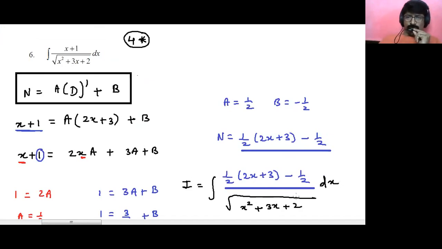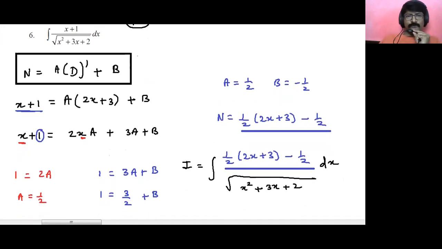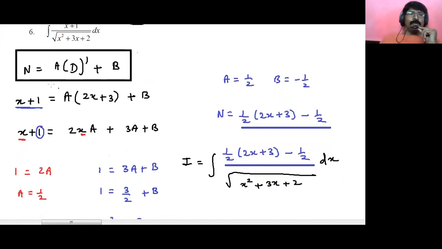Students, did you understand everything till here, from where I'm getting what? Look, I'll just take a recap. Some students are saying, please explain once again. Since the denominator is in a root, I'm using this formula: numerator is equal to a into the derivative of the denominator plus b. So numerator x plus 1 can be written as a into the derivative of the denominator plus b.